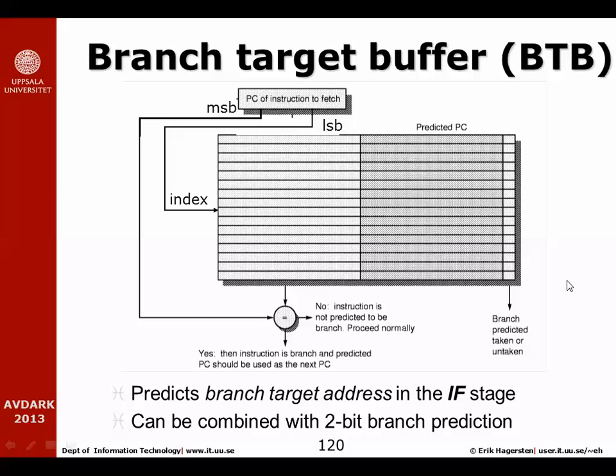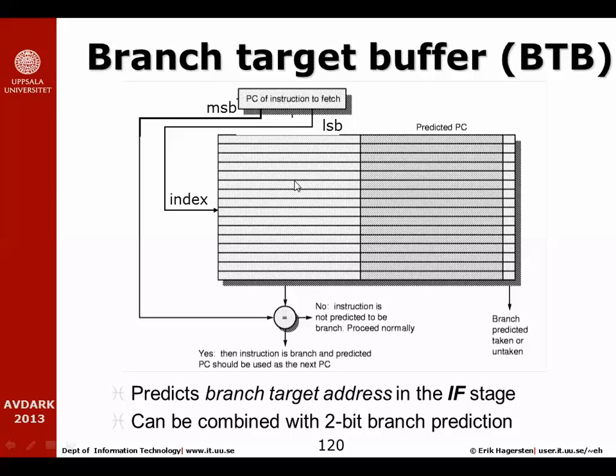And we do that with this branch target buffer that is organized like a cache. So you take some index bits of the PC, and you take the most significant part of the PC, and you compare that to the address tag that's stored in this prediction cache.